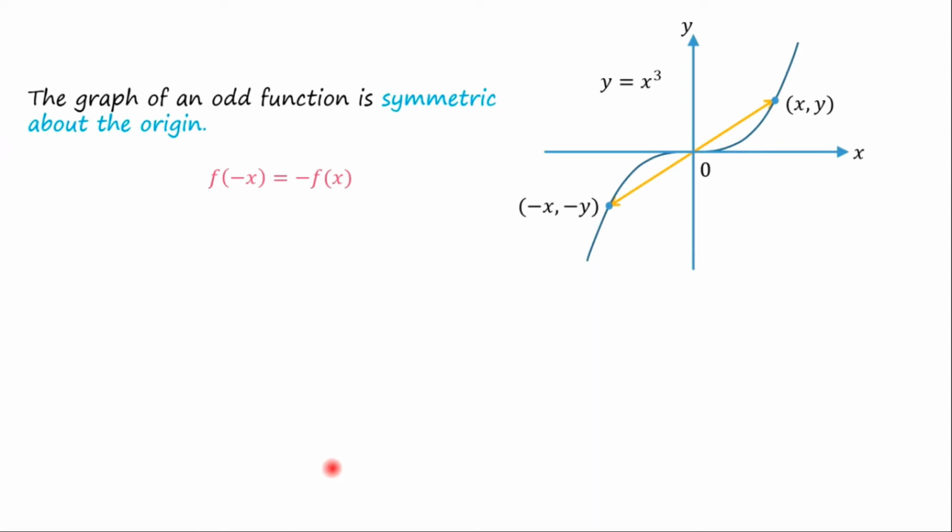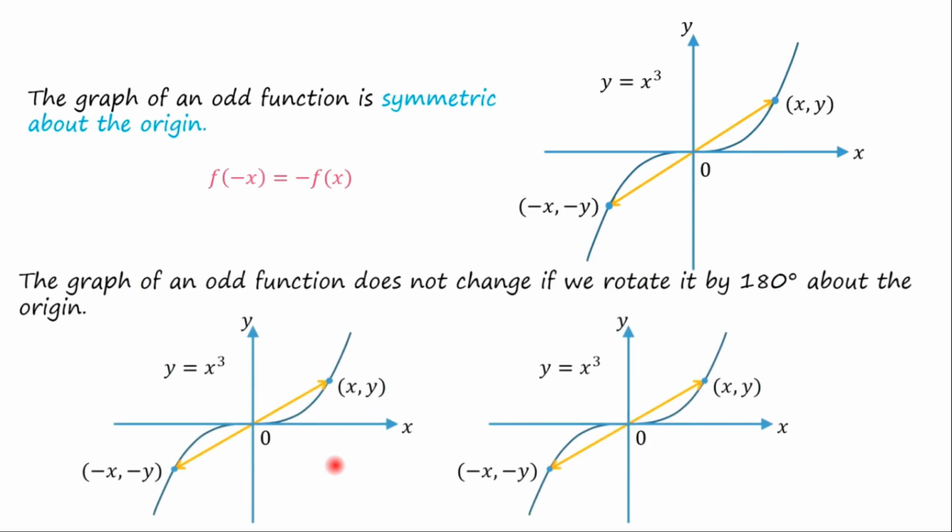This is because the value of y at negative x is the negative of the value of y at x. The graph of an odd function does not change if we rotate it by 180 degrees about the origin. Let's rotate the graph by 180 degrees clockwise. Now let's rotate the graph by 180 degrees anti-clockwise. Clearly, the graph remains unchanged in both the cases.